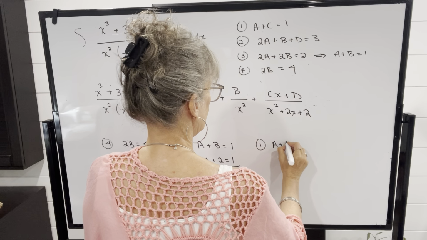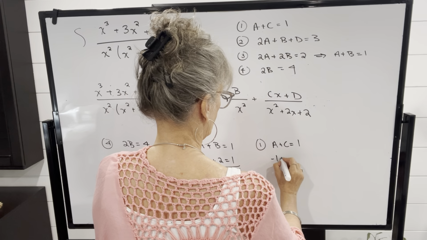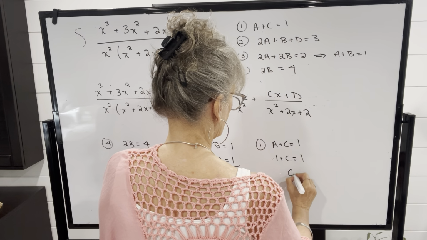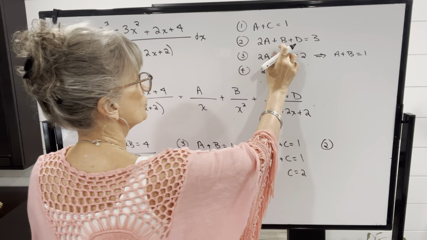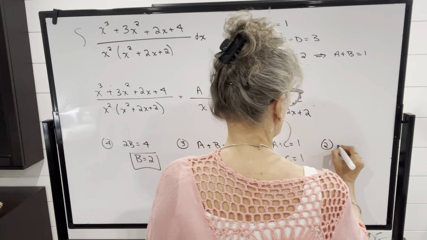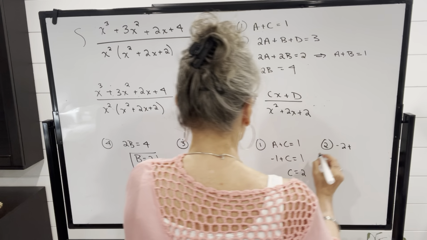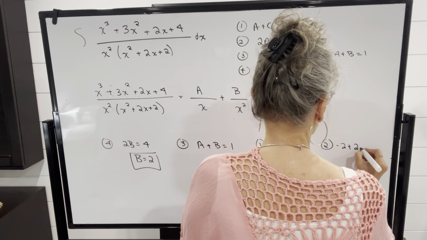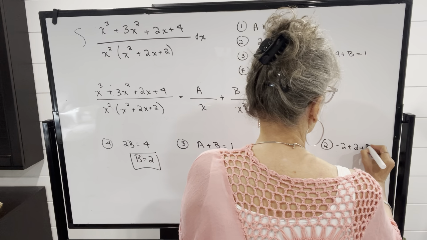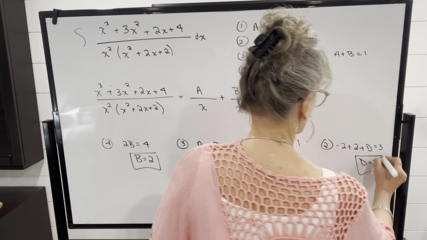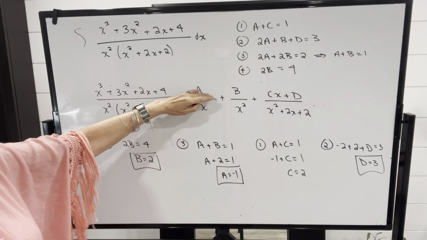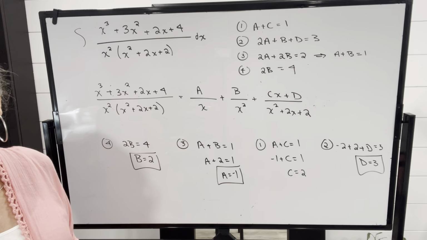So a plus c is equal to 1, so negative 1 plus c is equal to 1, so c is equal to 2. And then lastly, equation 2, 2a, so that'll be negative 2, plus b, which is 2, plus d is equal to 3, therefore d is equal to 3. So I've solved for all my variables, therefore I've got my partial fractions.